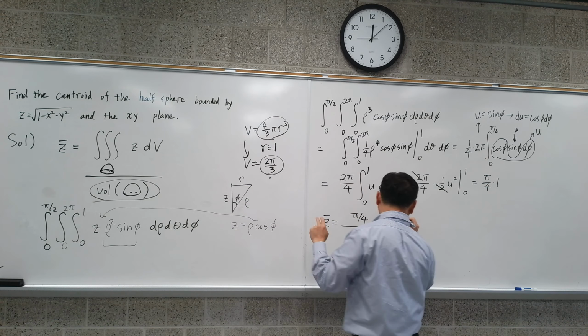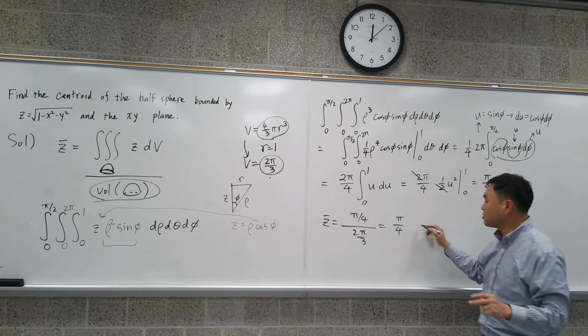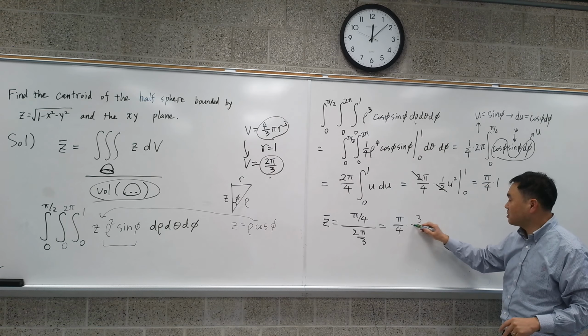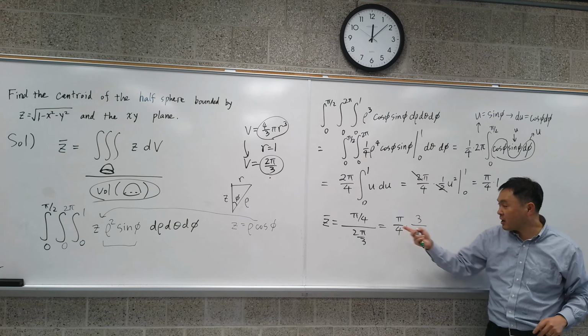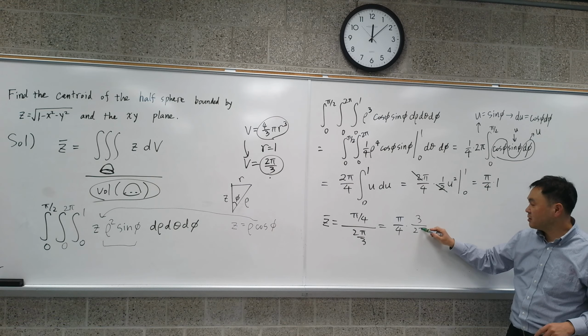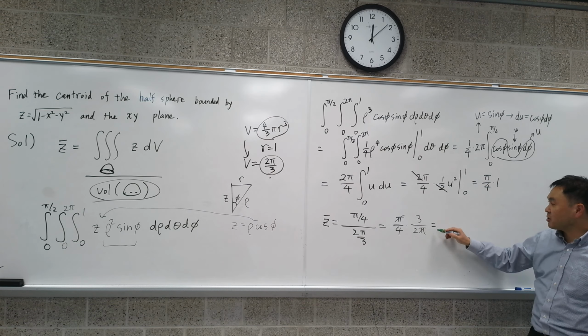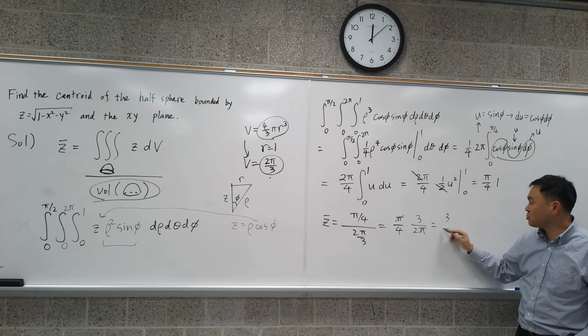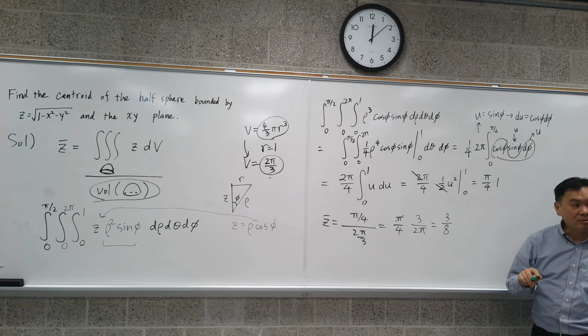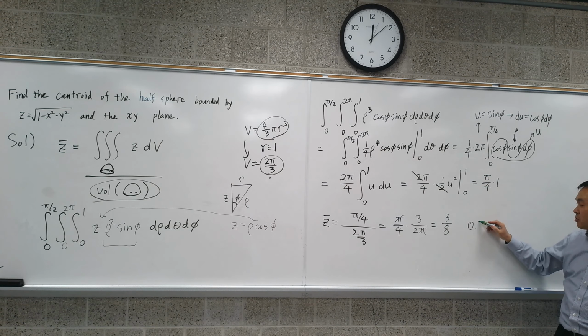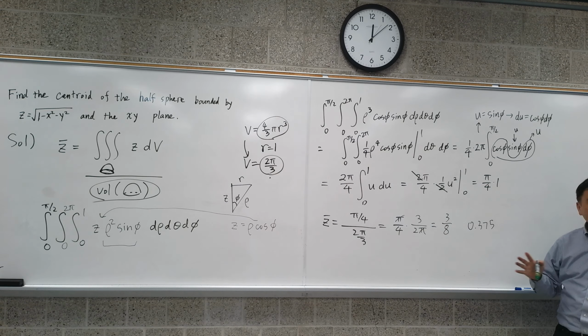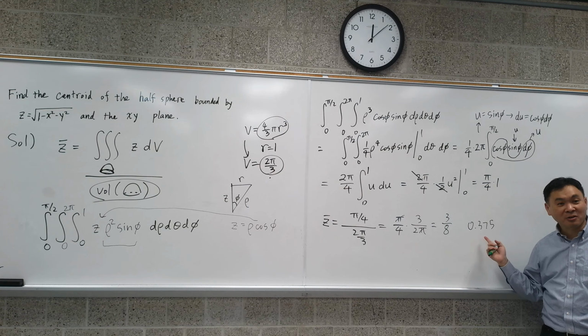And remember, dividing by a fraction is the same as multiplying by its reciprocal. So you flip this upside down and you put it right here. And you can see that pi and pi cancel. And you get 3 over 4 times 2, which is 8. Now, in terms of decimals, this is 0.375. So indeed, it's less than 0.4, right?